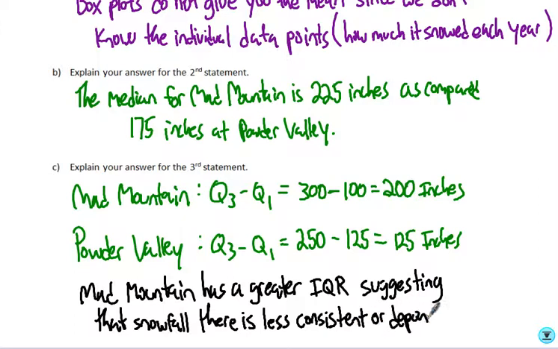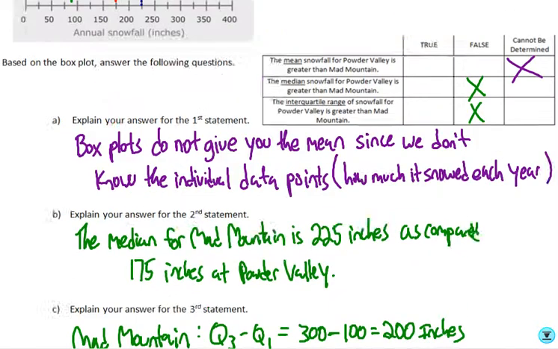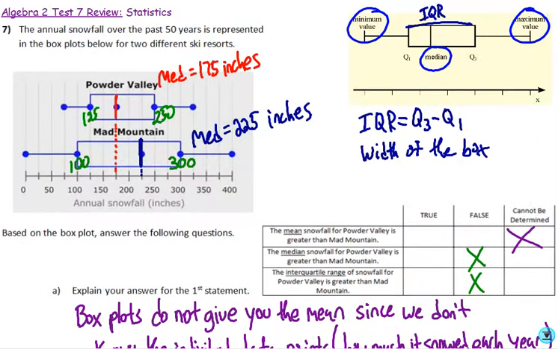It's not to say that it doesn't snow, because it snows, but some years it's a blizzard, and sometimes it doesn't snow at all. So that's what we're saying about consistency or dependability: we see that more with Powder Valley than we do with Mad Mountain.